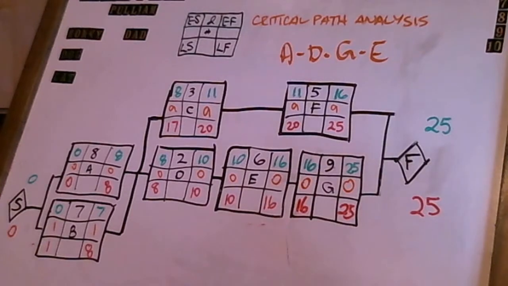For some of you that are struggling with this, take a good time right now, maybe hit the pause button, and do that forward pass and backward pass and look at my calcs.